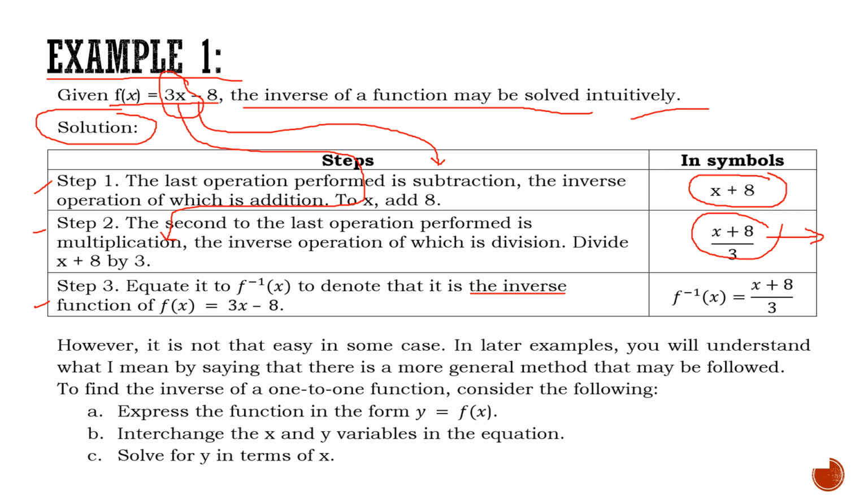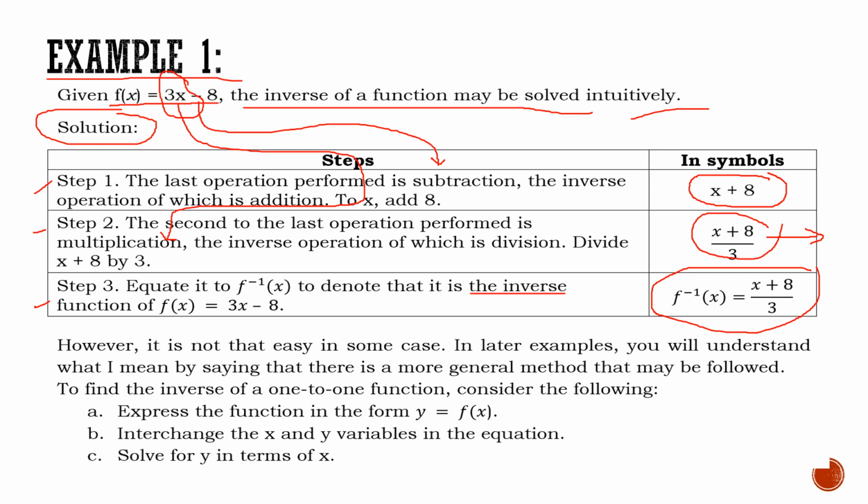From this example number 1, the function is f of x is equal to 3x minus 8. So the inverse function of this f of x is f raised to negative 1 of x is equal to x plus 8 over 3. So that will be your first process on how we get the inverse of a one-to-one function.